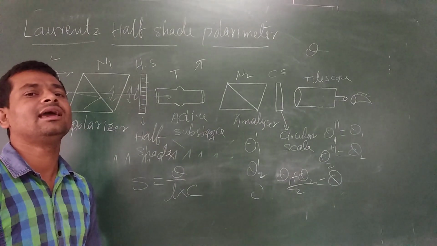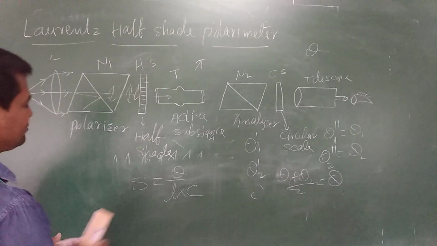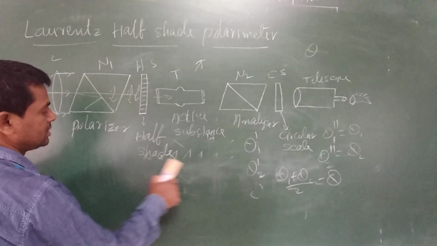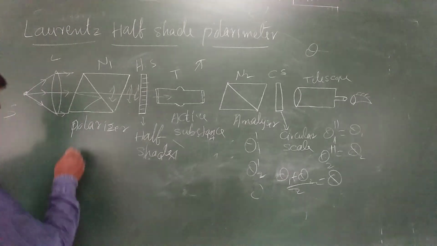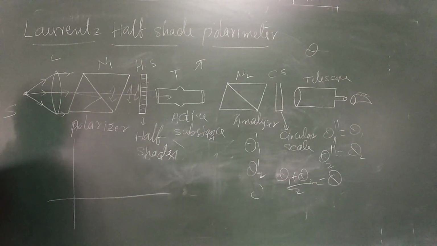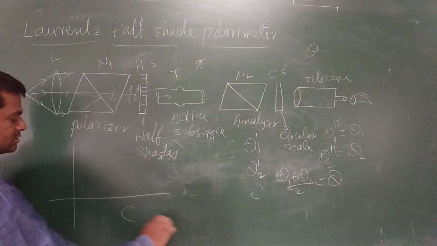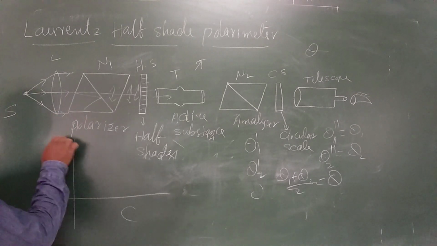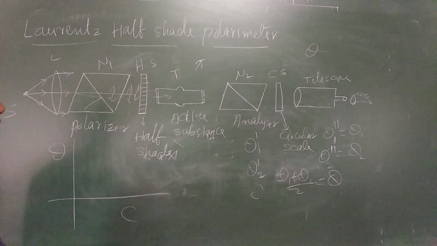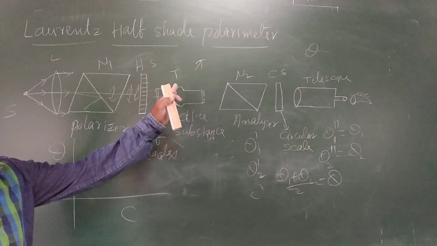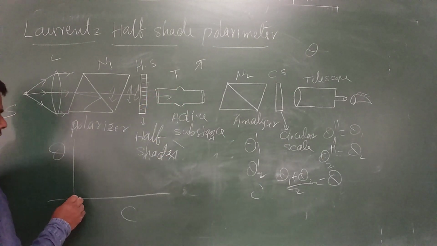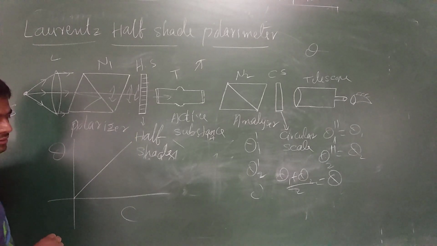Or you can draw a graph. How? See here, the graph. Take the concentration on the x-axis and theta on the y-axis, and replace this solution with a different solution. Do the experiment with the different solutions, and then you get a straight line.